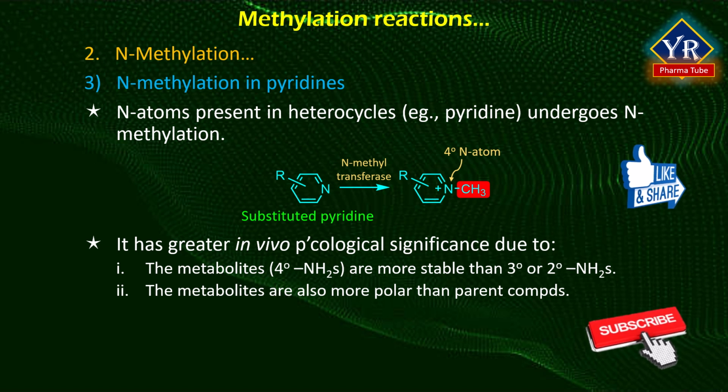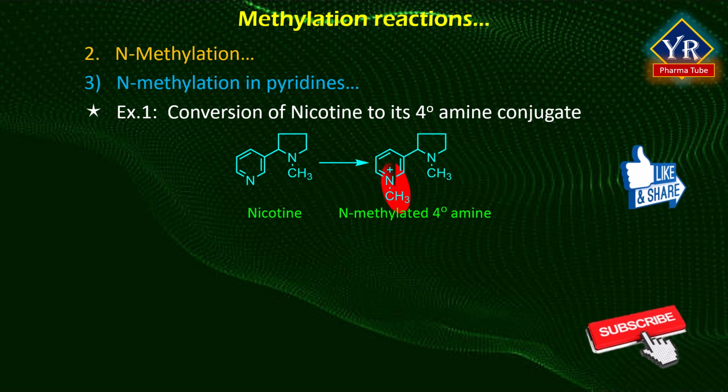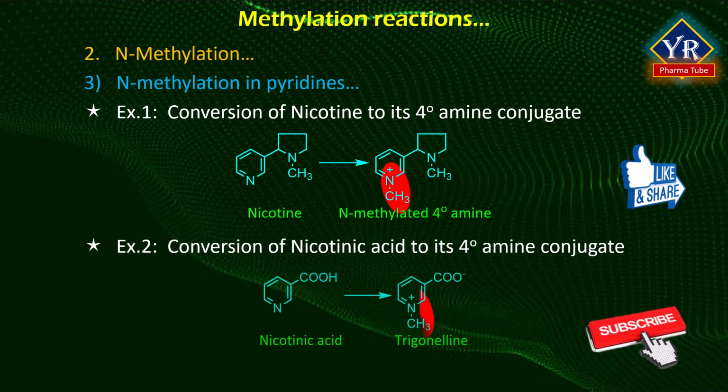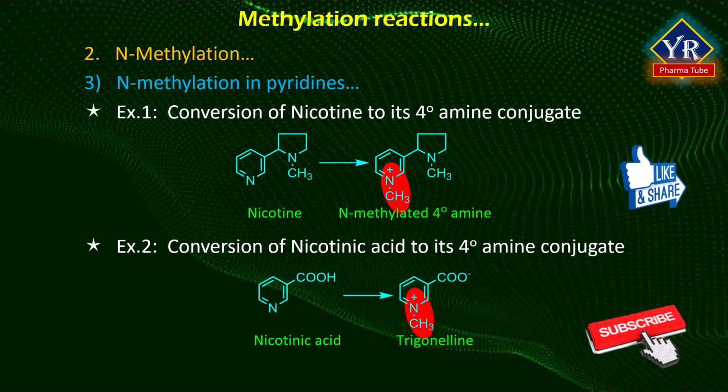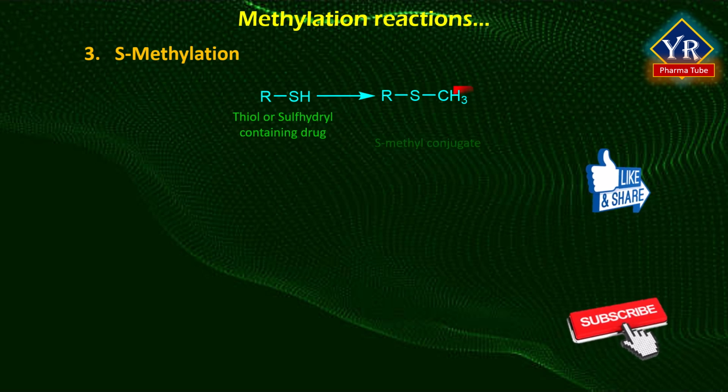Good substrates are nicotinamide, pyridine, and a number of monocyclic and bicyclic derivatives. For example, the pyridinyl nitrogens of nicotine and nicotinic acid are N-methylated to yield quaternary ammonium products. S-methylation. Compounds containing thiol or sulfhydryl groups also undergo methylation to form S-methyl conjugates.